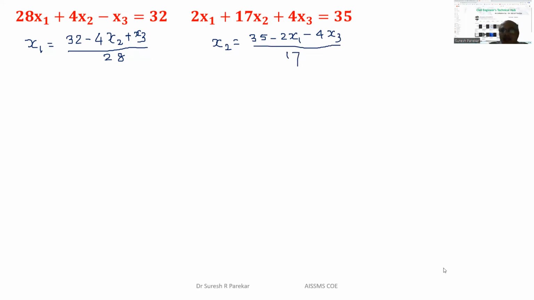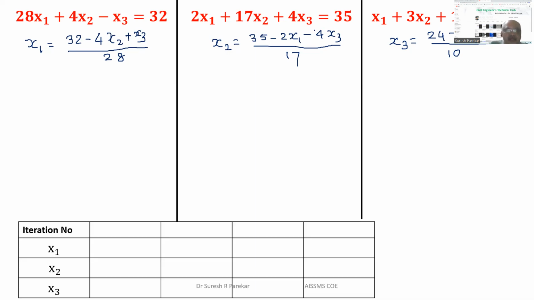And in the last, x3 equal to (24 minus x1 minus 3x2) divided by 10. So we are with these three equations, and now we are interested in finding the values.